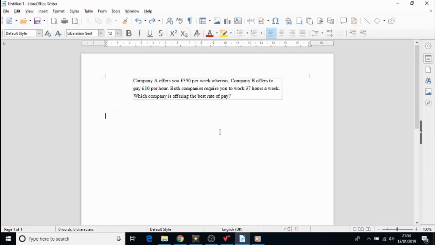Here is another linear equation that will be used to solve a real life problem. Company A offers you £350 per week, whereas Company B offers to pay £10 per hour. Both companies require you to work 37 hours a week.